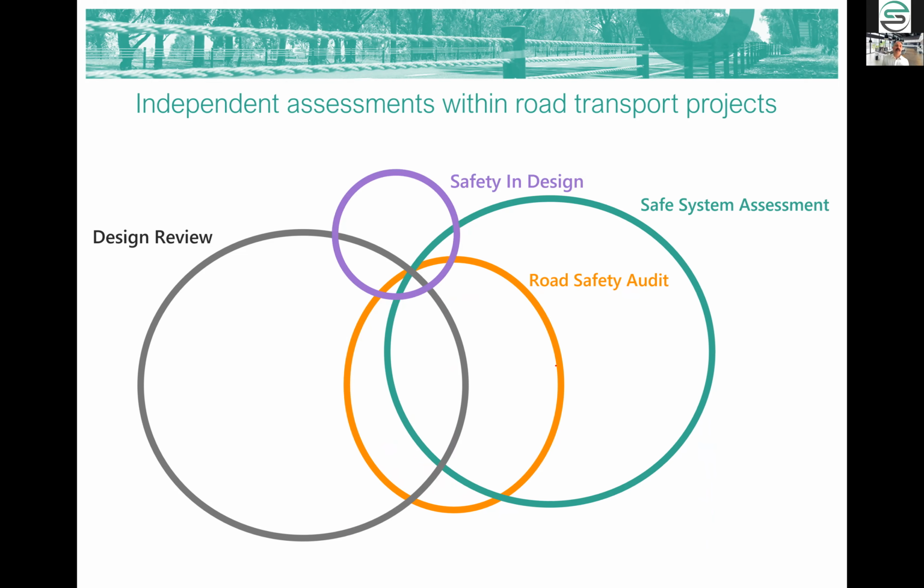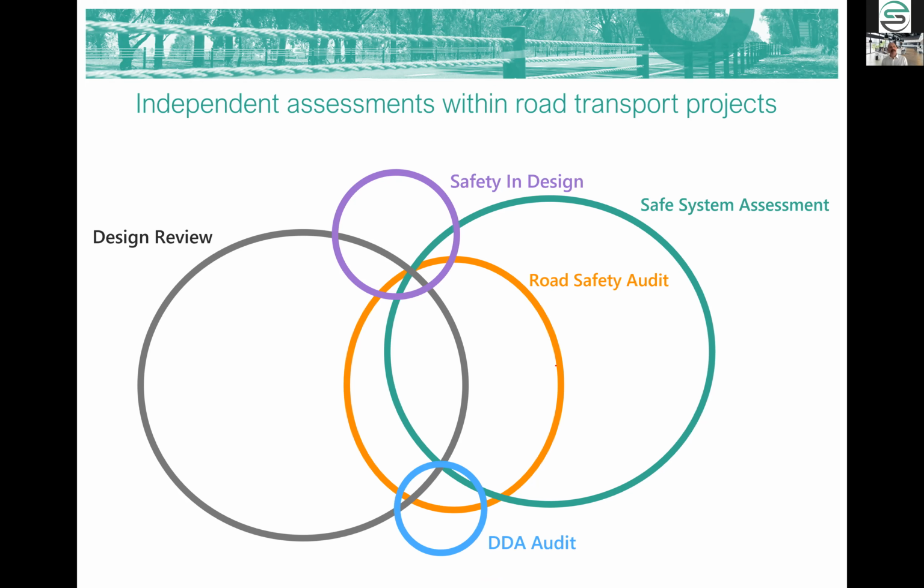Then there's safety in design, or it's termed different things in different areas, but it's really the look at: can this thing be built safely? Can it be maintained safely? Can it be decommissioned safely? So it's really about the occupational health and safety aspects of whatever's being built.